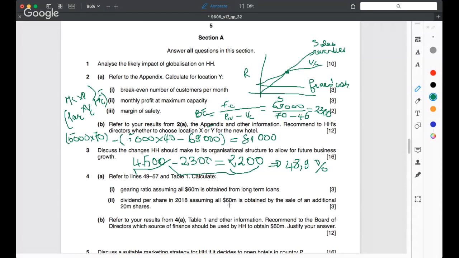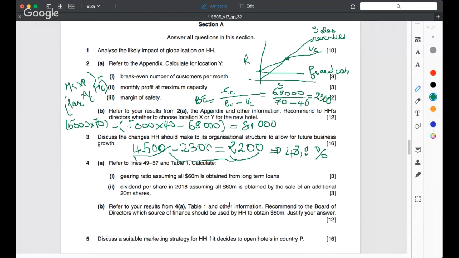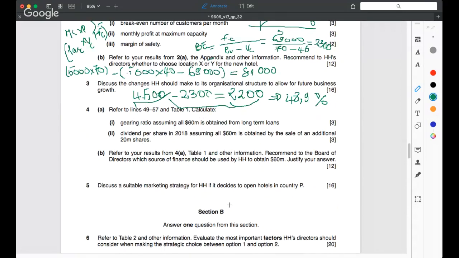Let's write a little bit if we still have a place. So, gearing ratio is? Why is it not working? There you go. I always find this one difficult.